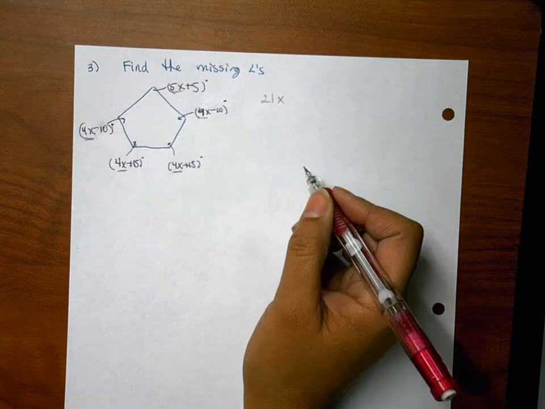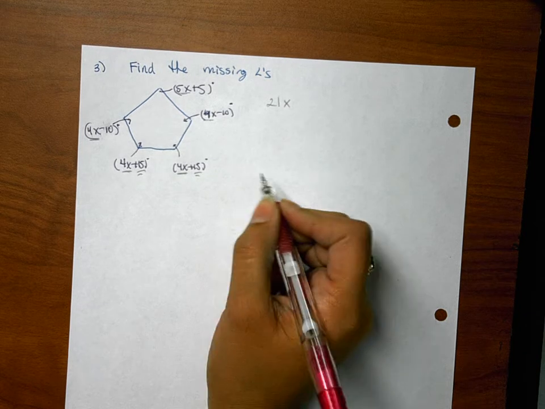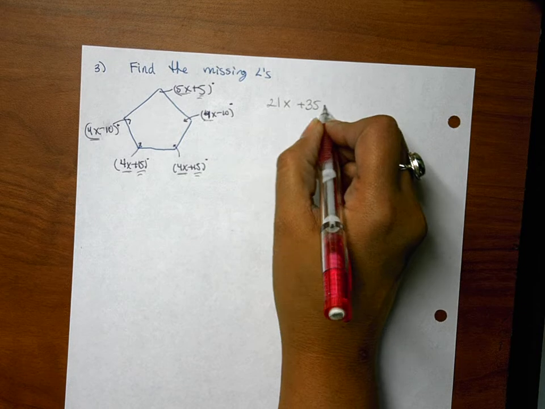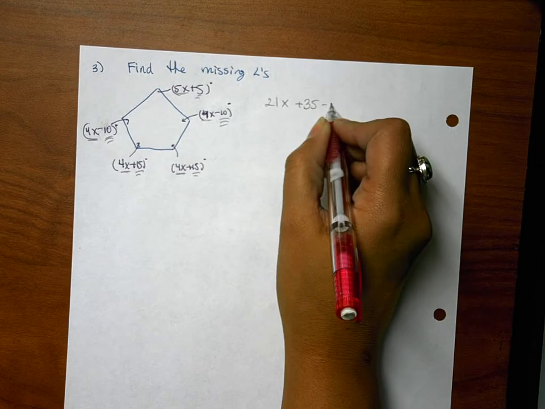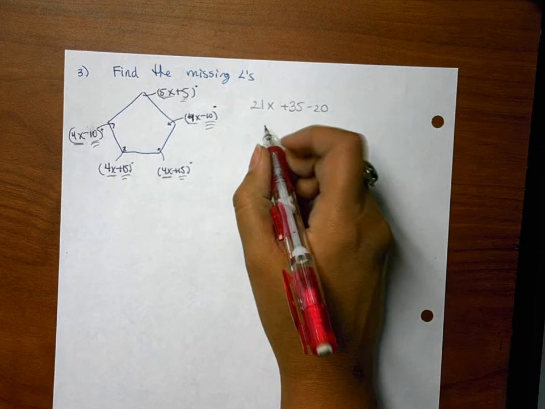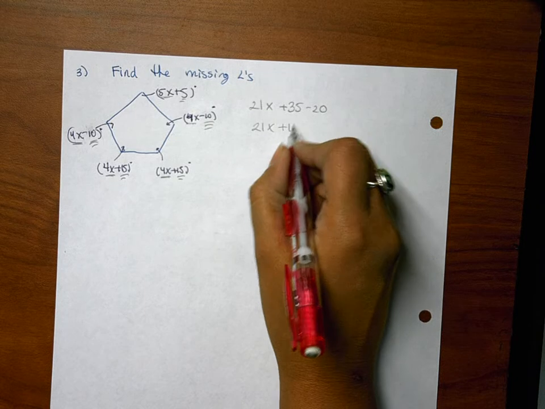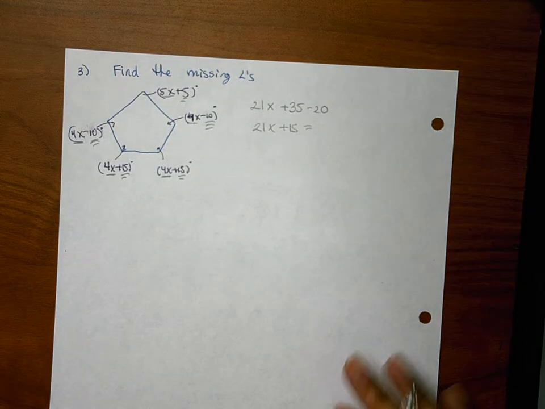Then 15 and 15 is 30, and 5 is 35, minus 10 and minus 10 is minus 20, so that's 15. So that's 21x plus 15 equals what? It has to equal something in order for me to solve for x.